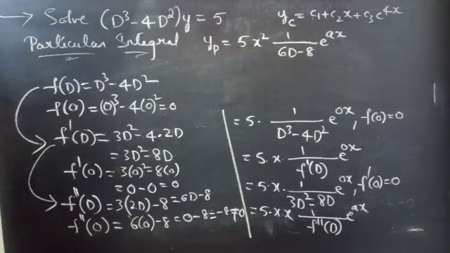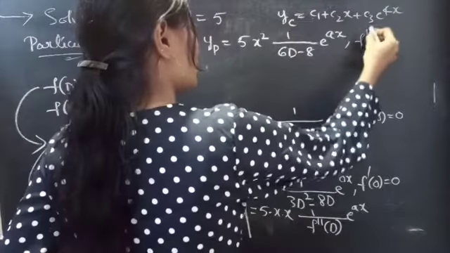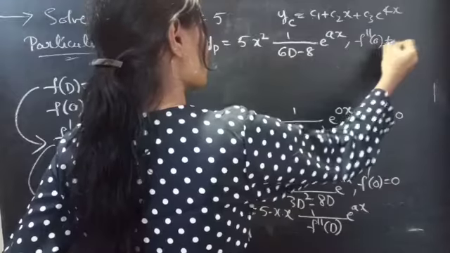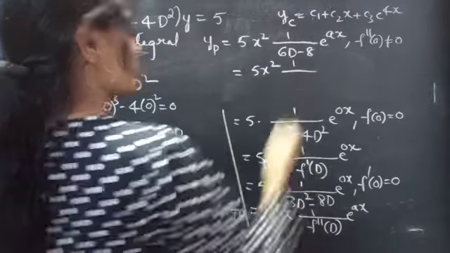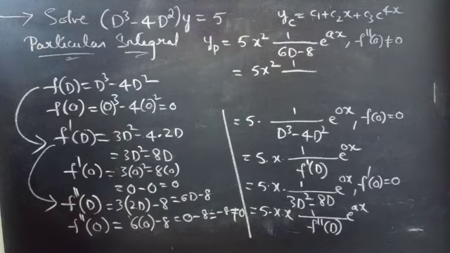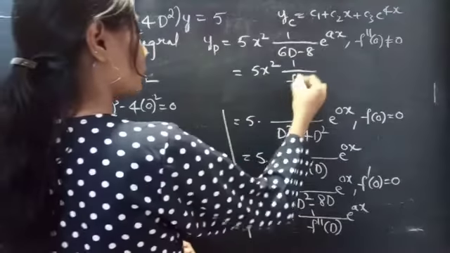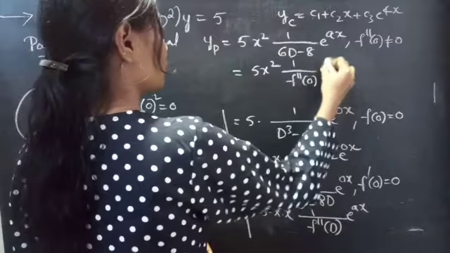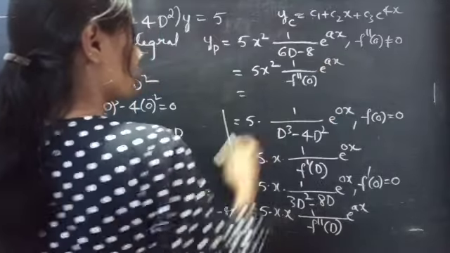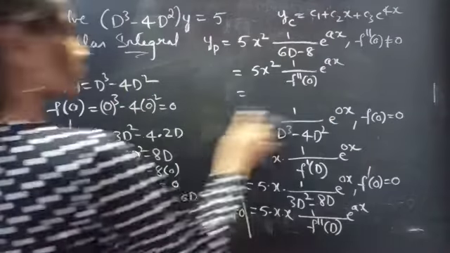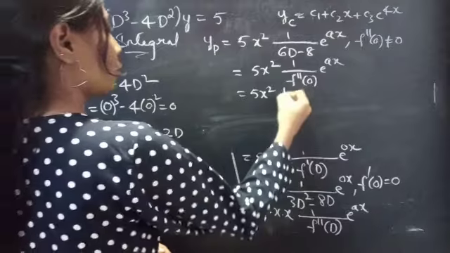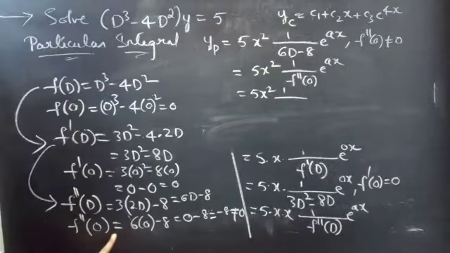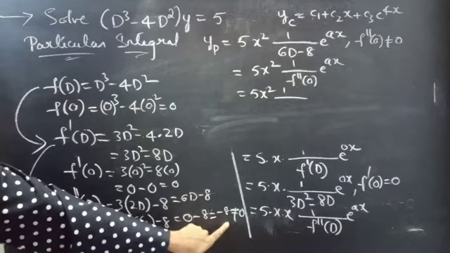Since f double dash of 0 is not equal to 0, we can substitute it, which gives 5x square into 1 by f double dash of 0, which is minus 8.